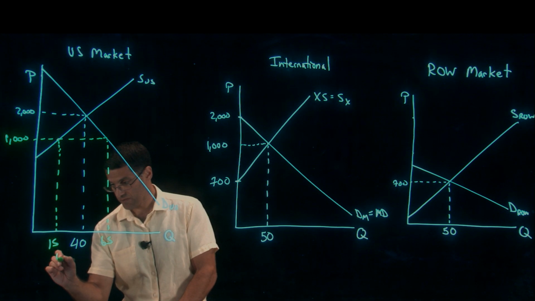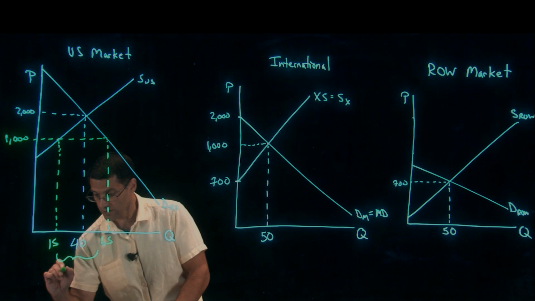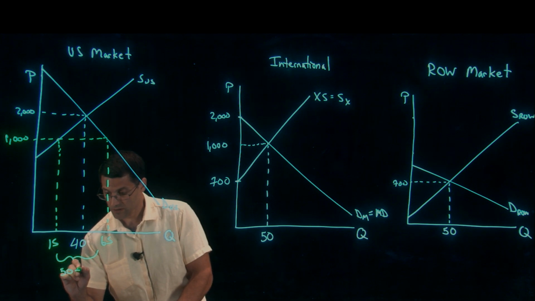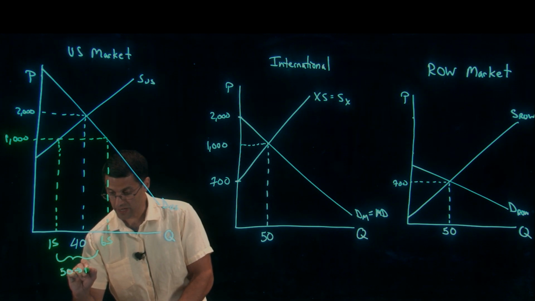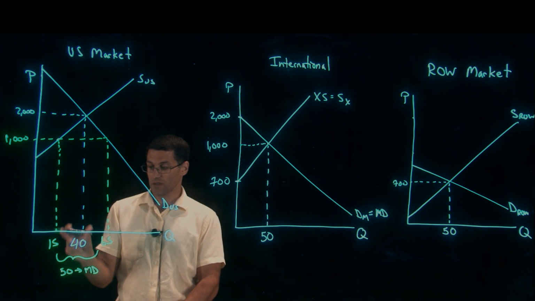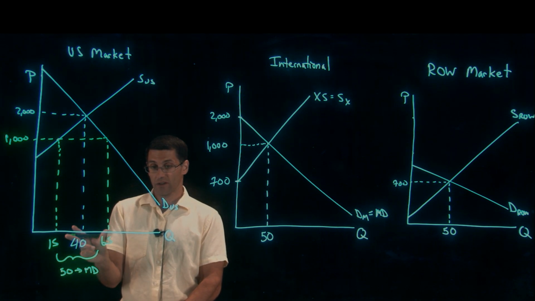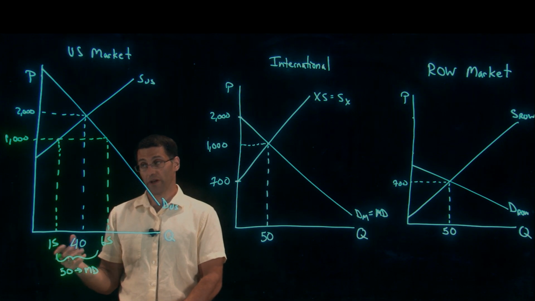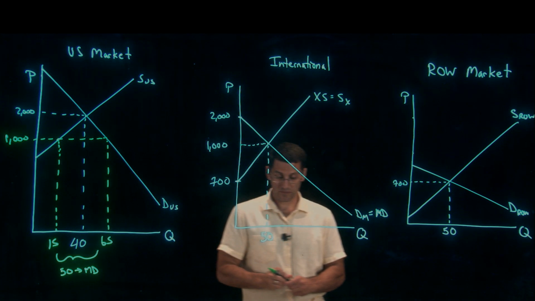Well, 65 minus 15, 50, that is the demand for imports at that price of 1,000. US consumers are going to demand 50,000 imported motorbikes at that price of 1,000.